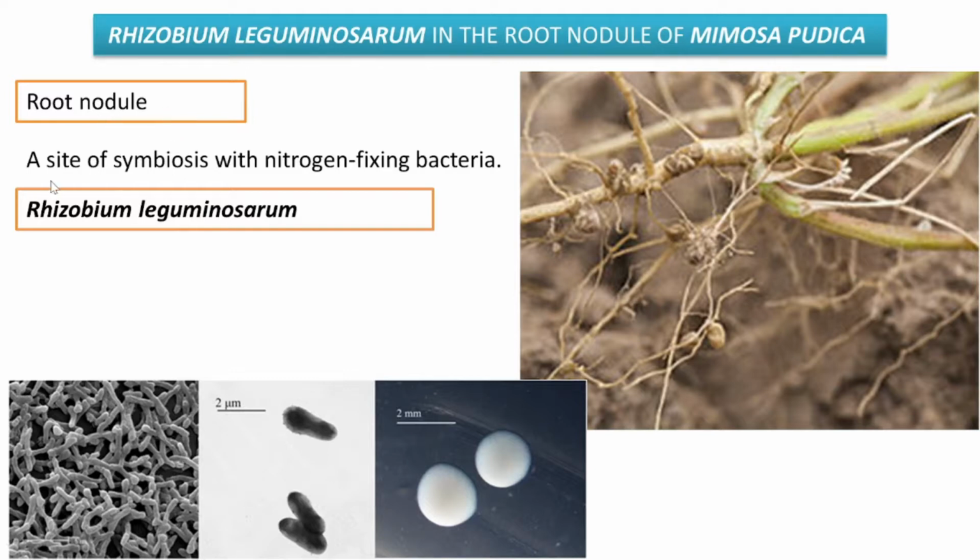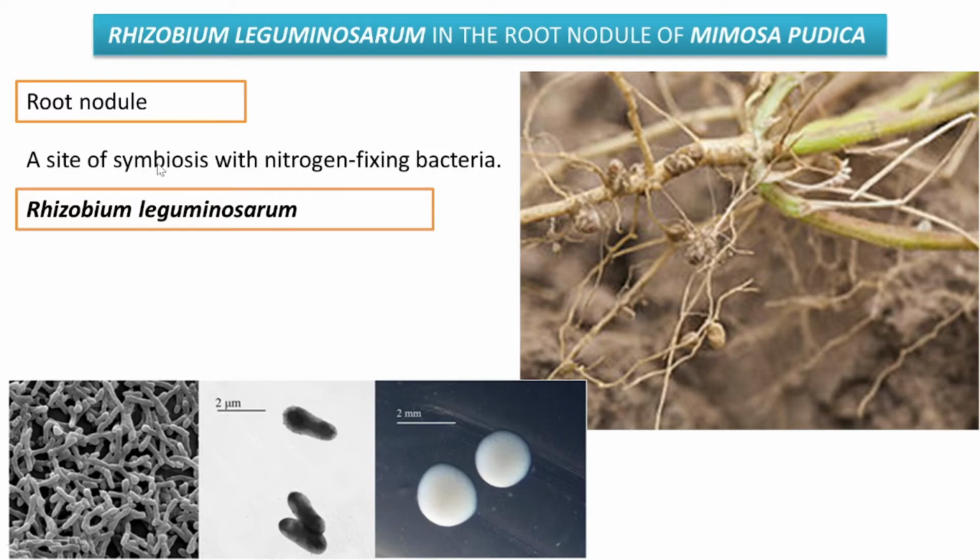It is a site that we can see in some roots of some leguminous plants. Here in this picture we can see, and these are the site of symbiotic association between a type of bacteria, here it is Rhizobium leguminosarum, and it makes an association with this plant.